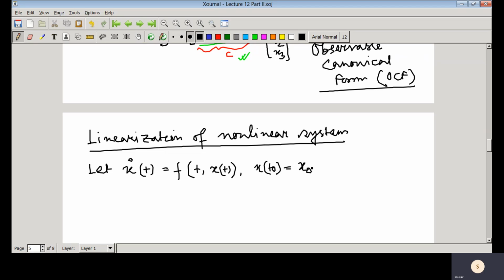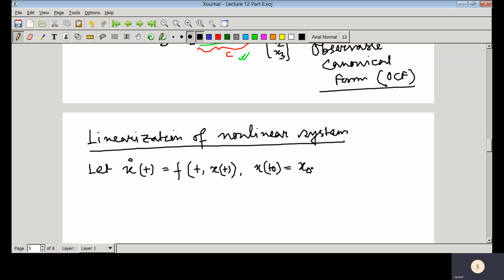That means whenever some input is applied to that system or when time evolves, there are some operating points where the derivative of the states is equal to 0, that means the system would stay there. So if you apply an input to that system, it may be somewhere in the state space, but when the input is applied, it may go to some point and it would stay there. And why would it be staying?